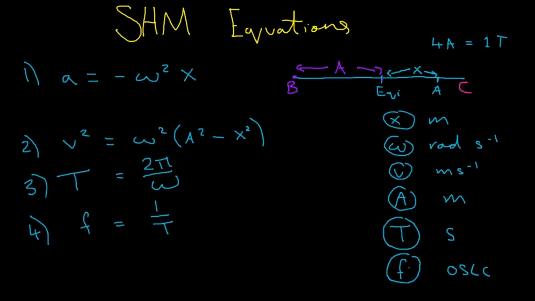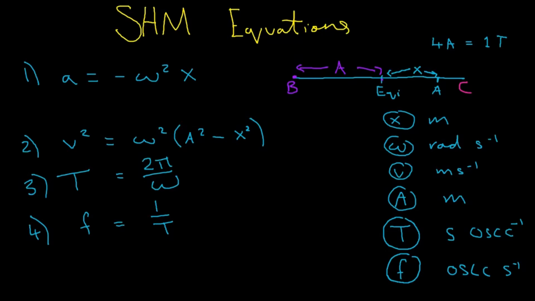And some of you may also know that you can also call the unit hertz. So it's oscillations per second. So the period was the number of seconds in one oscillation. This is the inverse of that. It's the number of oscillations per second.